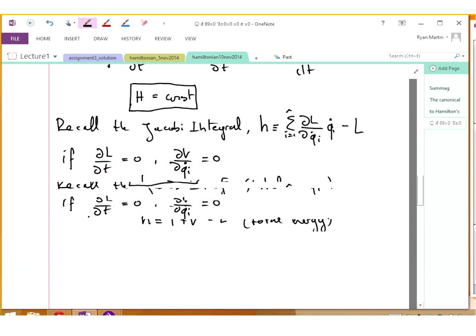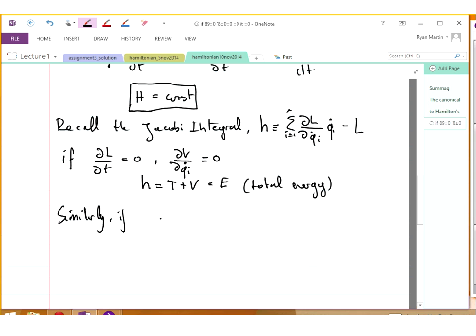So similarly, if V is not a function of the velocities, then this thing we call the Hamiltonian H is equal to the total energy.